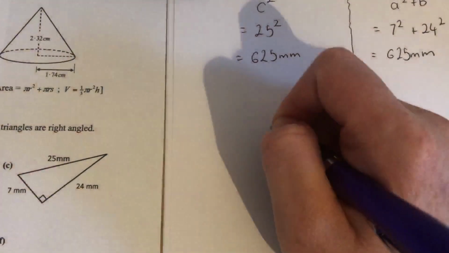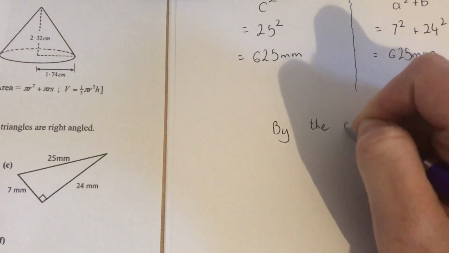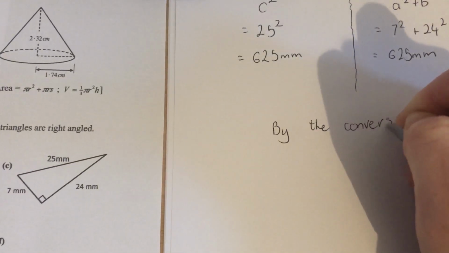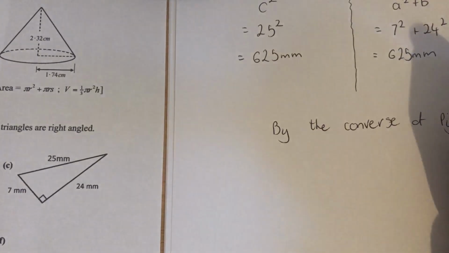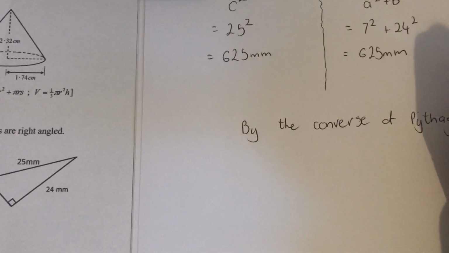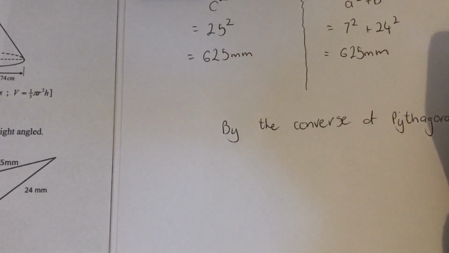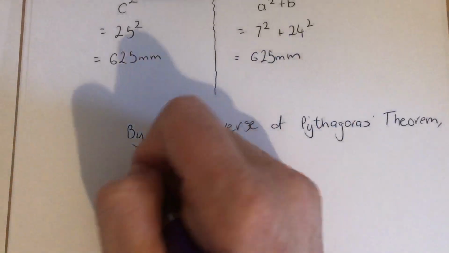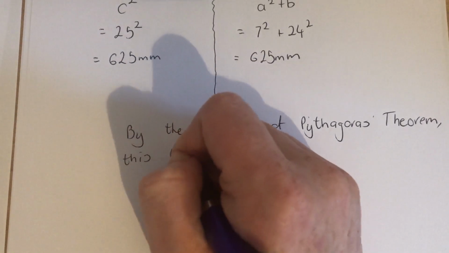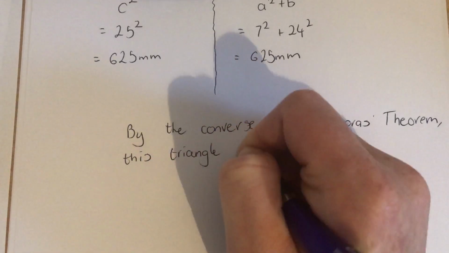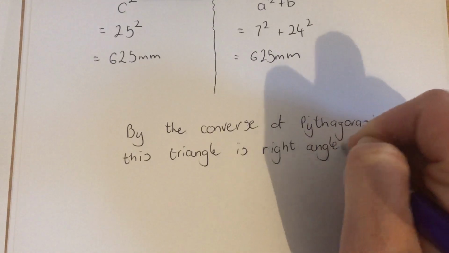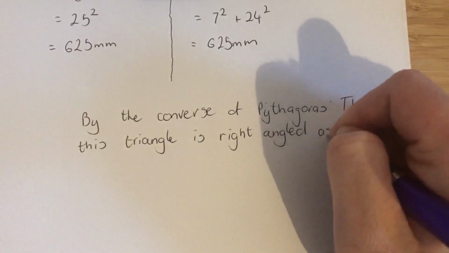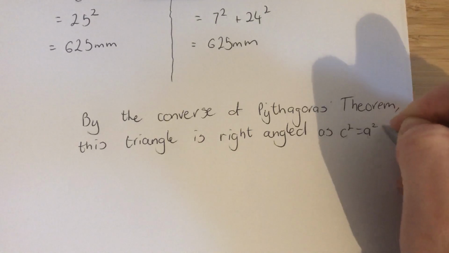Your sentence at the end, you say: by the converse of Pythagoras theorem, this triangle is right angled, as c squared equals a squared plus b squared.